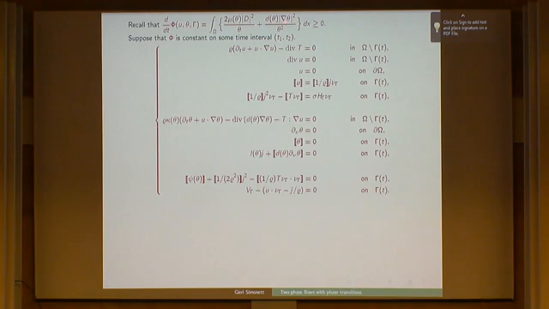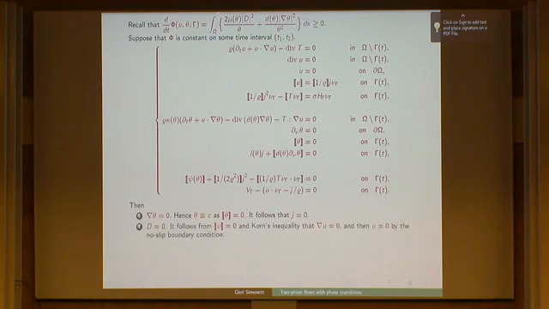Gradient is 0, constant. Then you go through this equation, take a derivative, and decide that J has to be 0 under the assumption that latent heat is not 0. So good, temperature is constant.